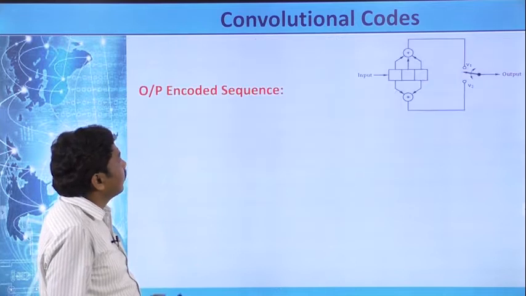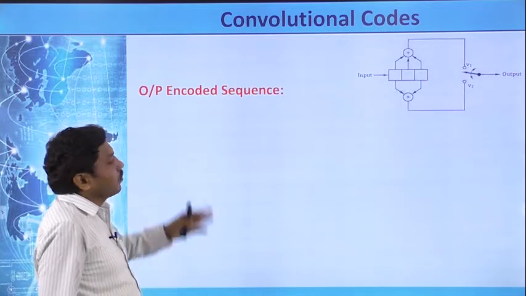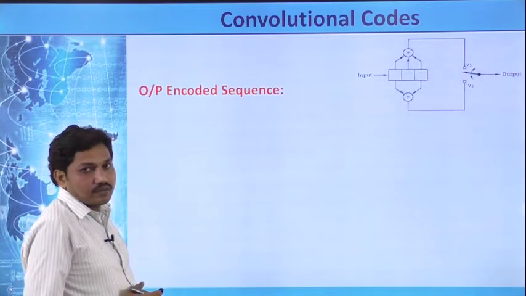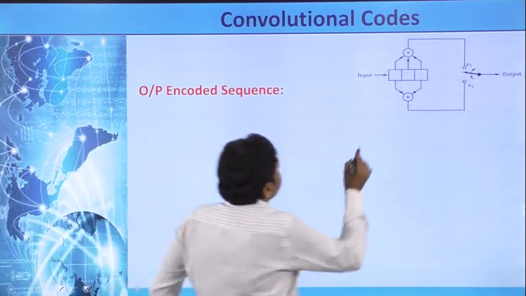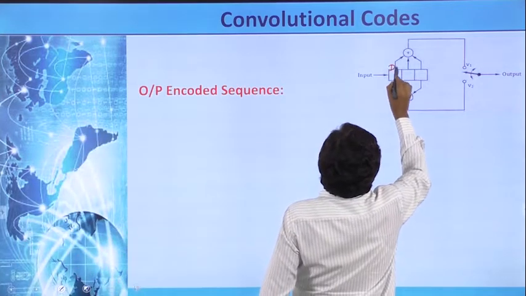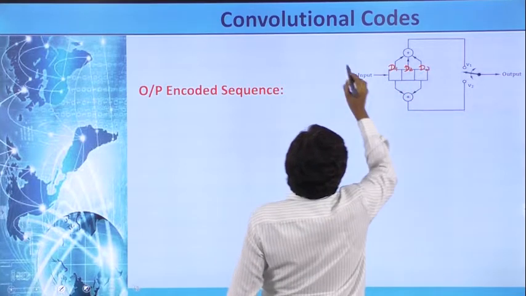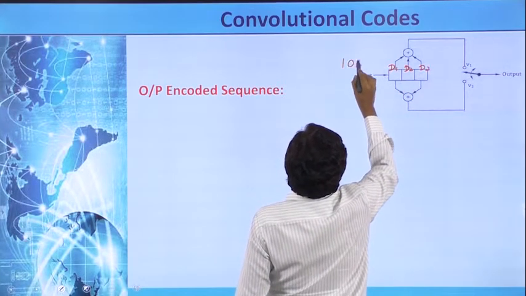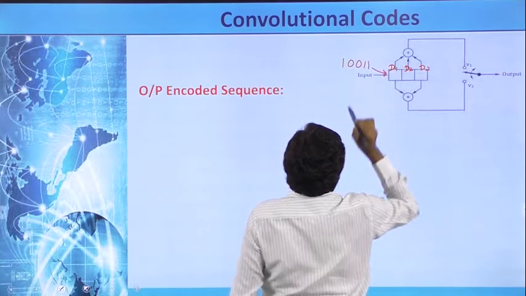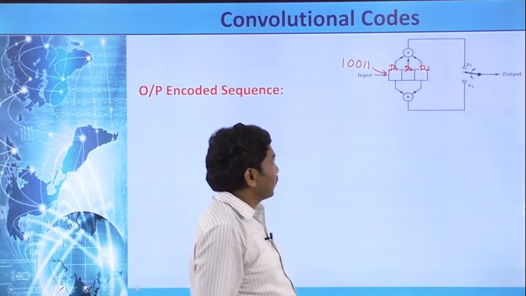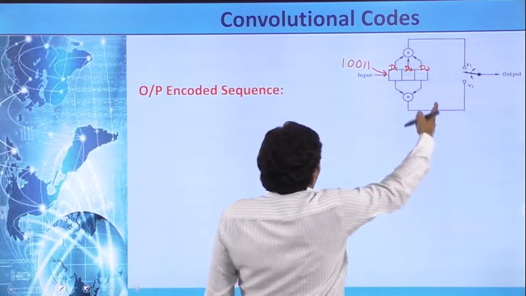So we want to write down the output encoded sequence. Look here carefully. This one is D1, D2, the third one is D3. The input bits are 10011. These are entered into the shift registers. The outputs are V1 and V2.